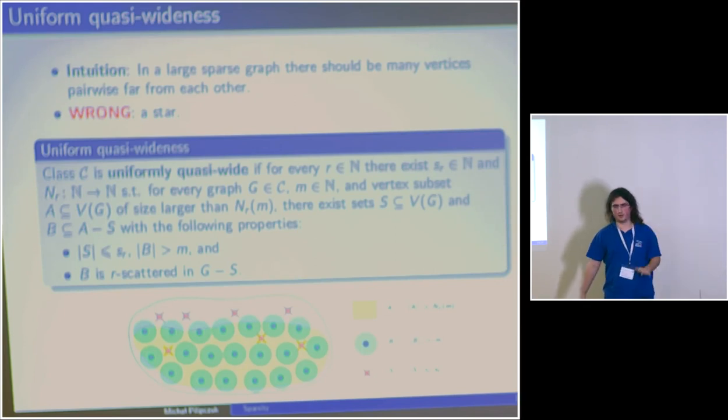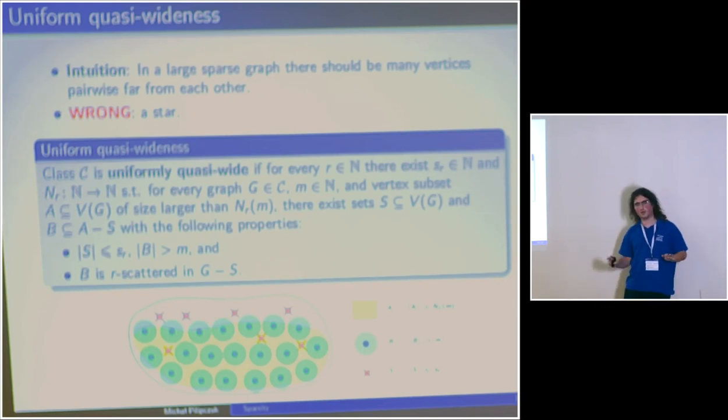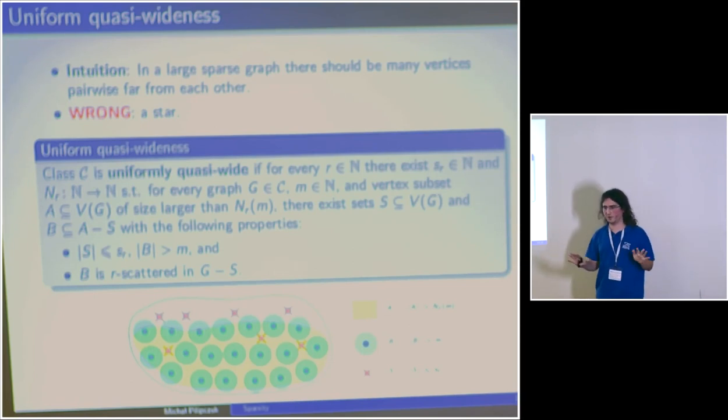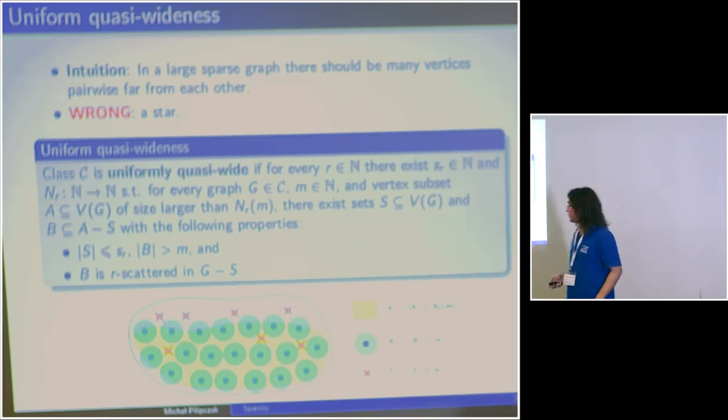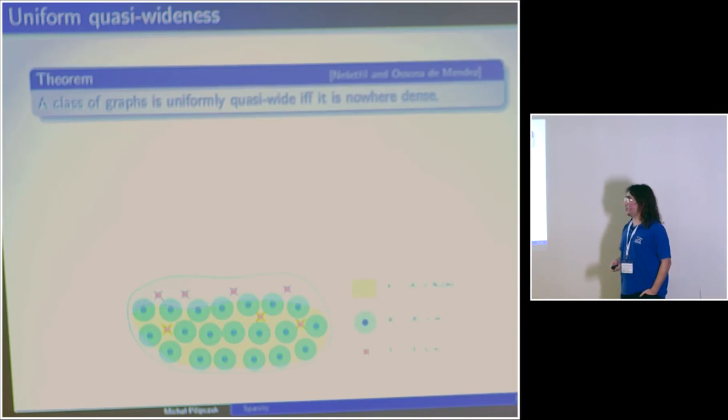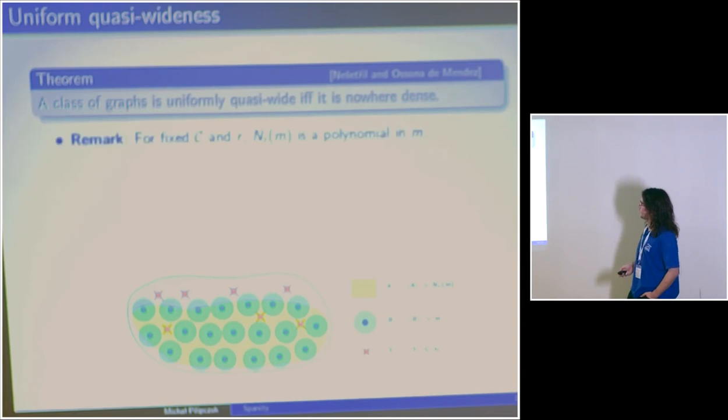Okay, so this is a slightly convoluted notion that tries to capture this flatness of classes. And the magic is that actually this is the same as nowhere denseness. A graph class is uniformly quasi-wide in this sense if and only if it is nowhere dense. So this looks a bit magical.